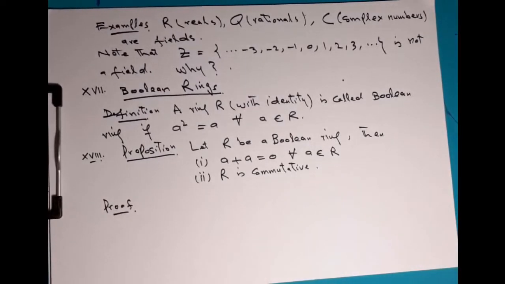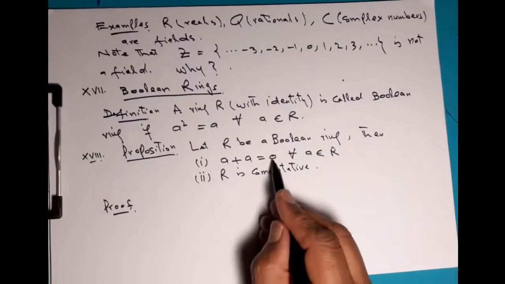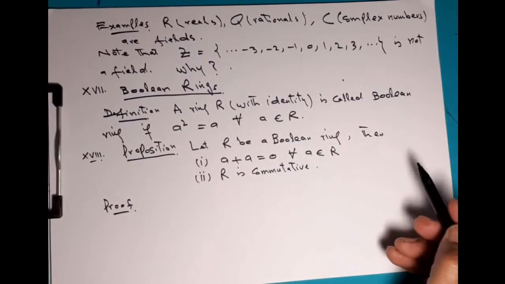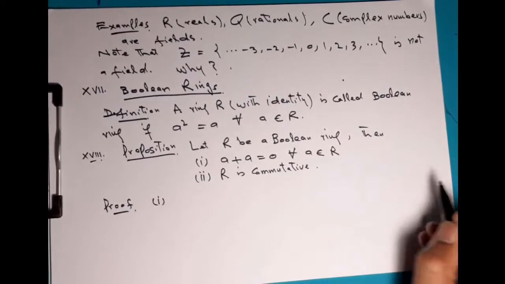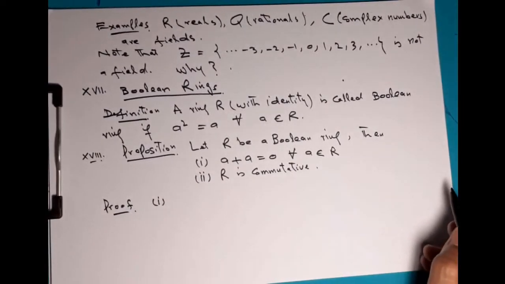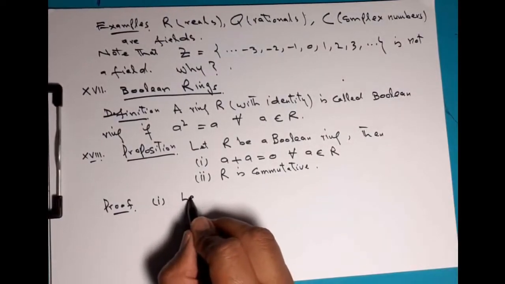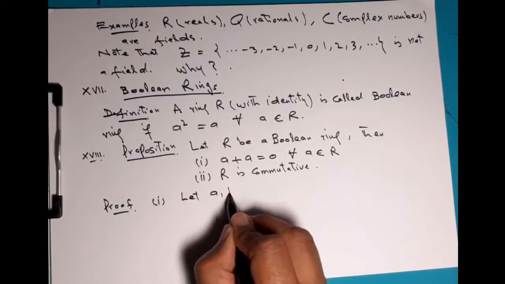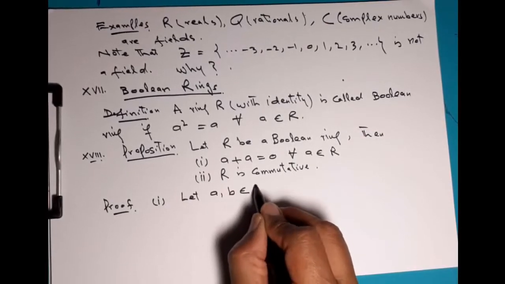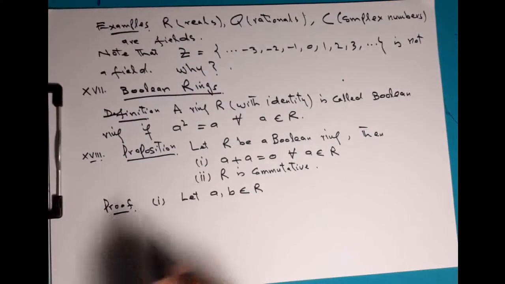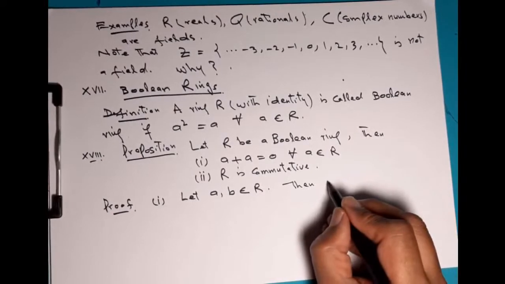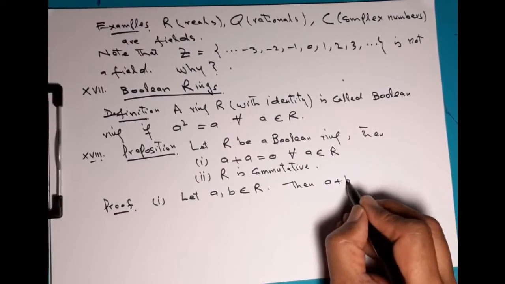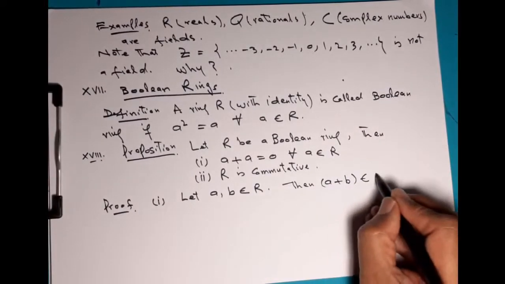For the proof, first of all, we will establish that a plus a is equal to 0 for all a belonging to R. To prove that, we will need two elements of the ring. Let a, b belong to the ring R. Then, since R is closed under addition, a plus b belongs to R as well.